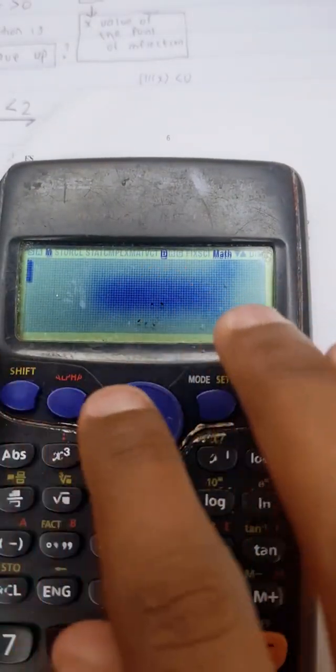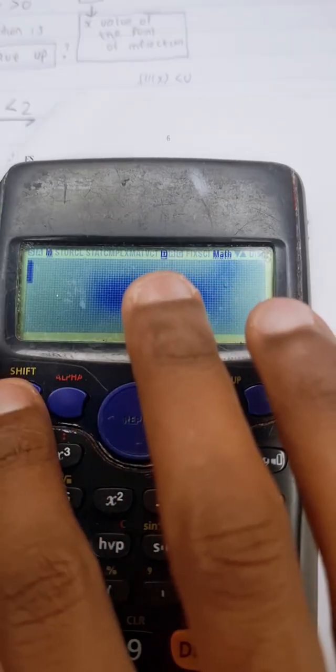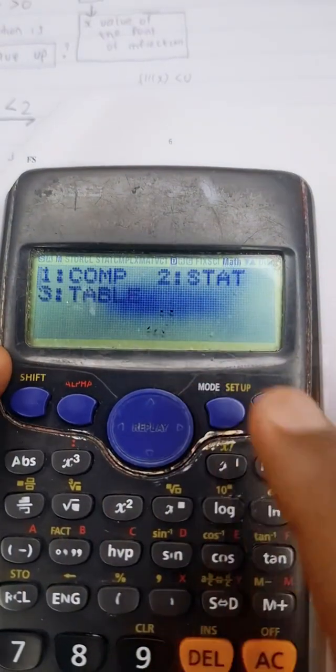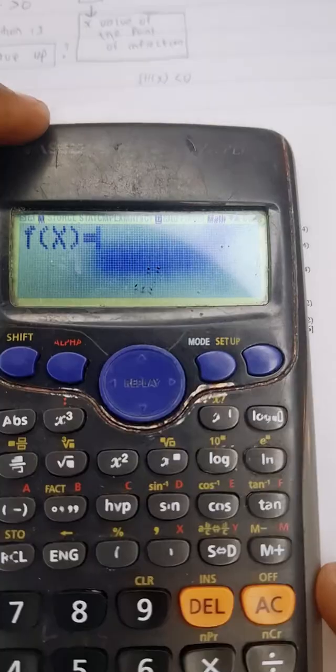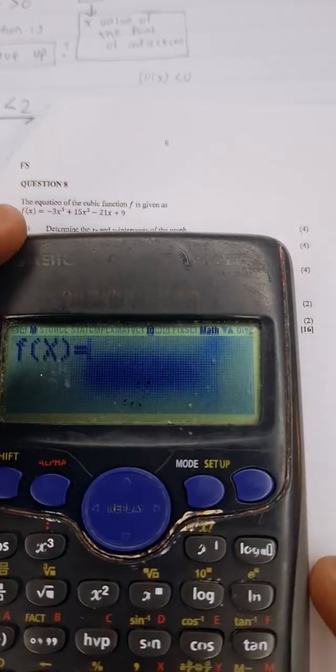Just go to mode, then press 3 for table. Punch in this function, all of it.